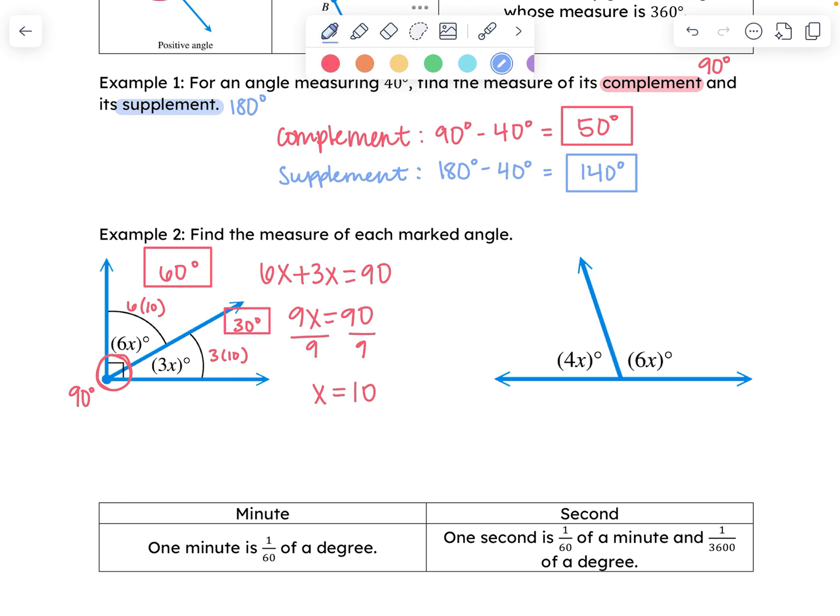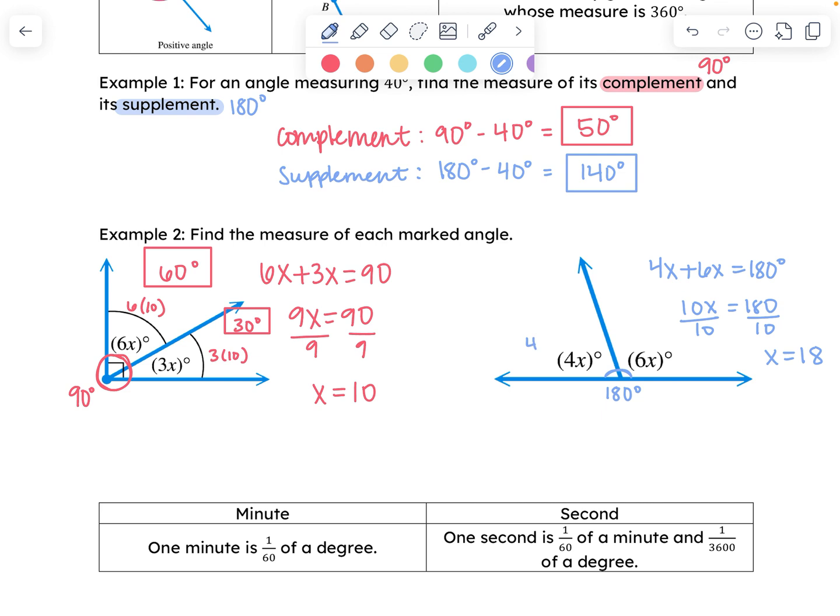Over here, I have a straight line, and then I've got two angles that make that straight line. To get a straight line, that's a 180-degree angle. So I can say that that 4x plus the 6x equals 180 degrees. So 10x is equal to 180. I can divide both sides by 10, and I get that x is equal to 18.